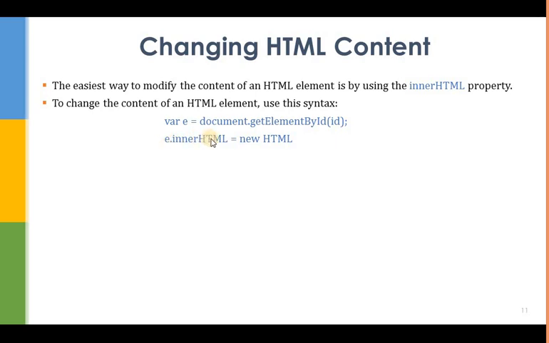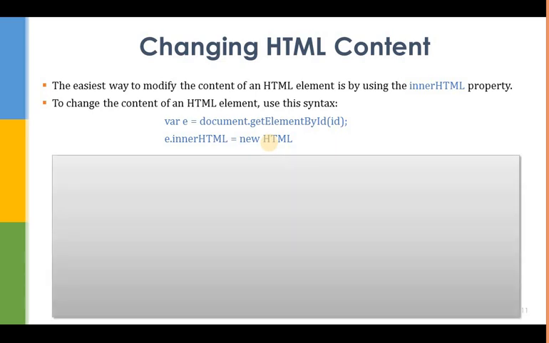So e.innerHTML is equal to new HTML. So whatever was the content of this particular E node, it will be replaced with new HTML. That means whatever you want to set as your HTML content.